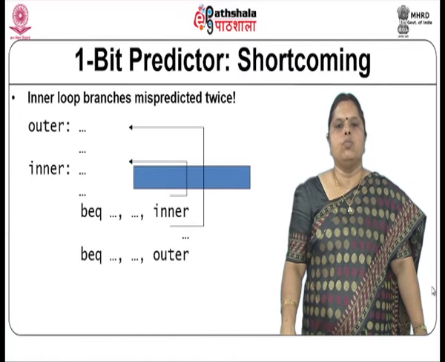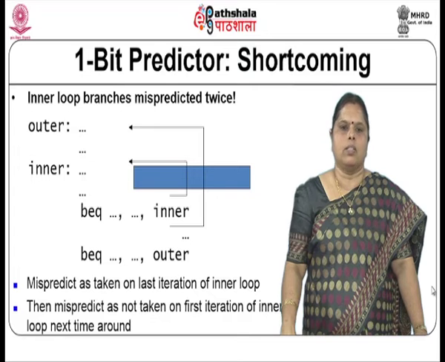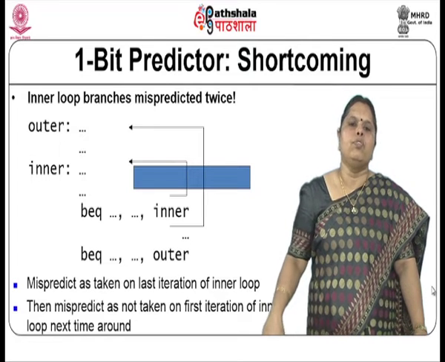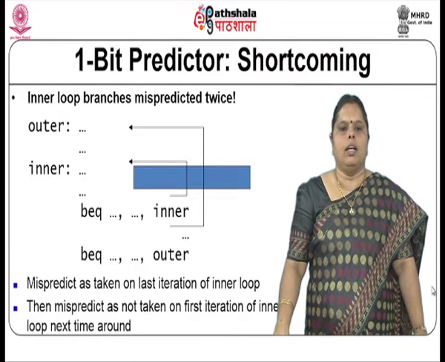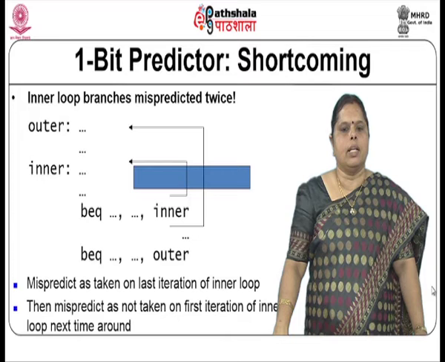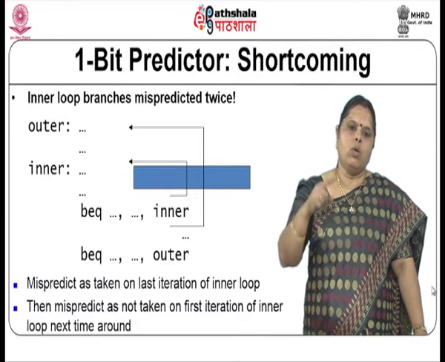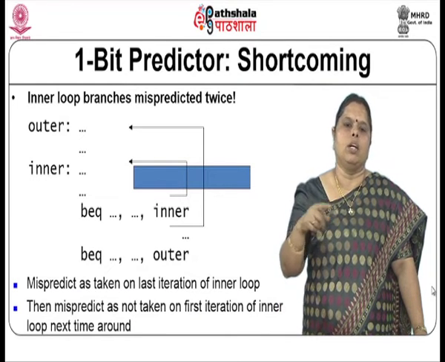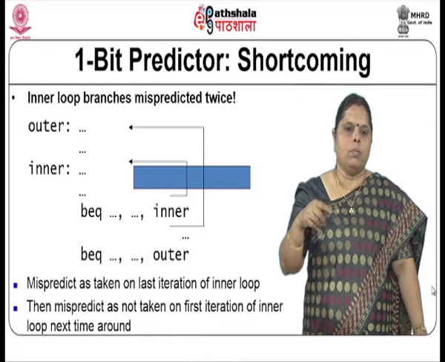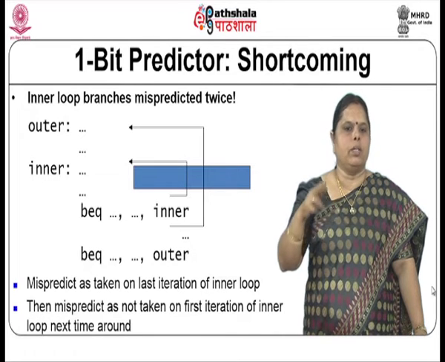The shortcoming of your dynamic branch predictor is that, suppose you have an inner loop and an outer loop, the misprediction happens at the last iteration of the inner loop, because the inner loop, say for example, is going to execute 100 times. So, the first time you make a misprediction, probably it gets set as taken. So, 100 times you keep executing the loop.